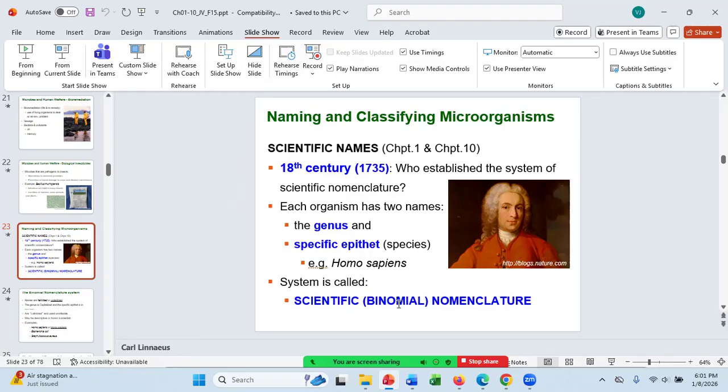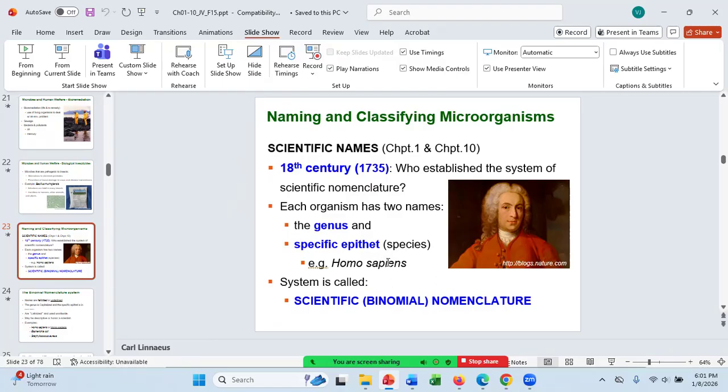The scientific nomenclature has each species having two names, a genus name and the specific epithet name. For example, for humans, our scientific name is Homo sapiens. Homo being the genus, and then sapiens being the specific epithet.